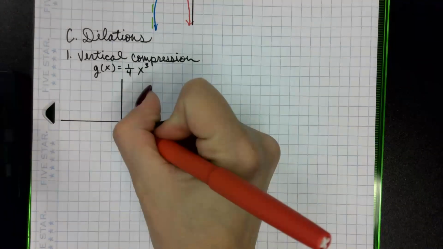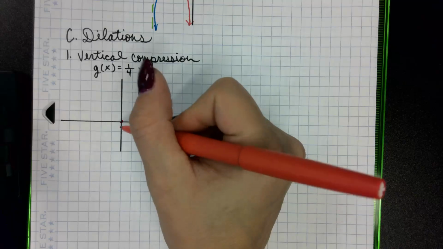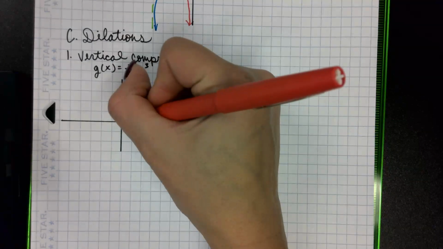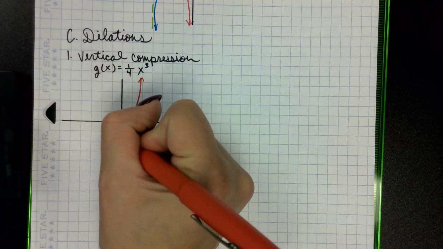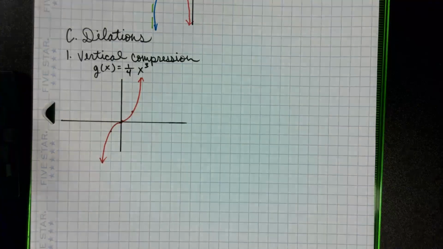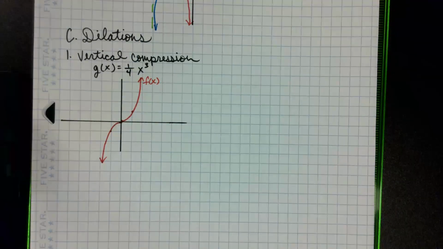So cubic function 0, 0, 1, 1. 2 would go up to 8. So it's going to be like that. And then the same going this direction. That's f of x. Parent function.